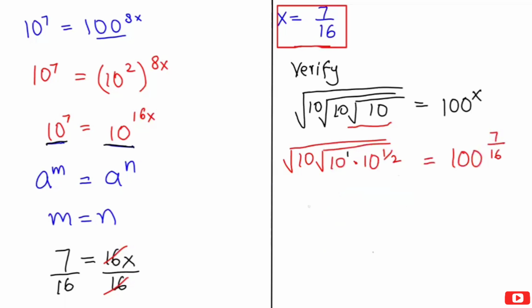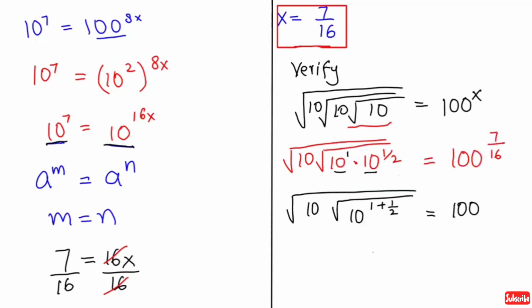Here we have the 1 power. So I am going to add up the powers because of the same base. 10 root 10 to the power of 1 plus 1/2 is equal to 100 to the power of 7/16. Here first I am going to solve this.